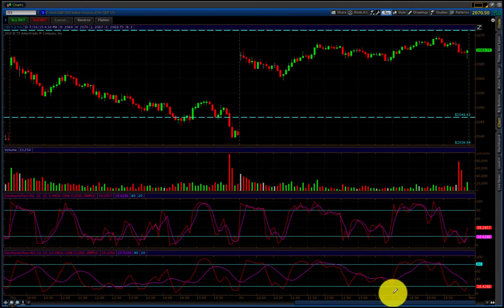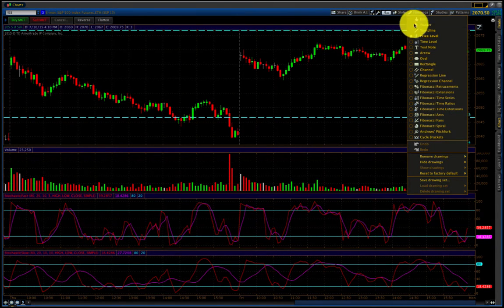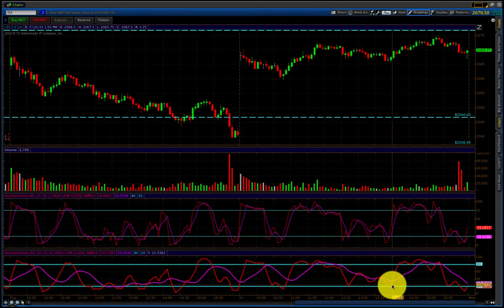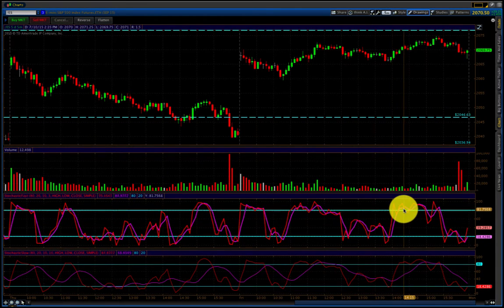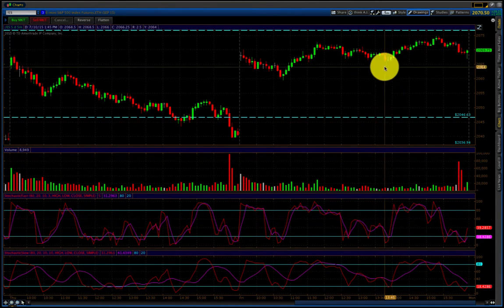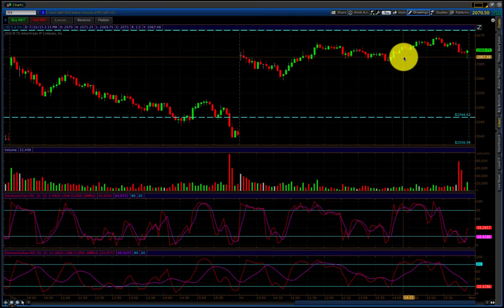Yeah, here's an interesting one. We get a signal here. We get a signal here to buy on the fast. Looking at a 5-minute chart. We get it here on the slow. Fast gets congested. Brings us in at 2066. Takes us out maybe 2069, 2070.